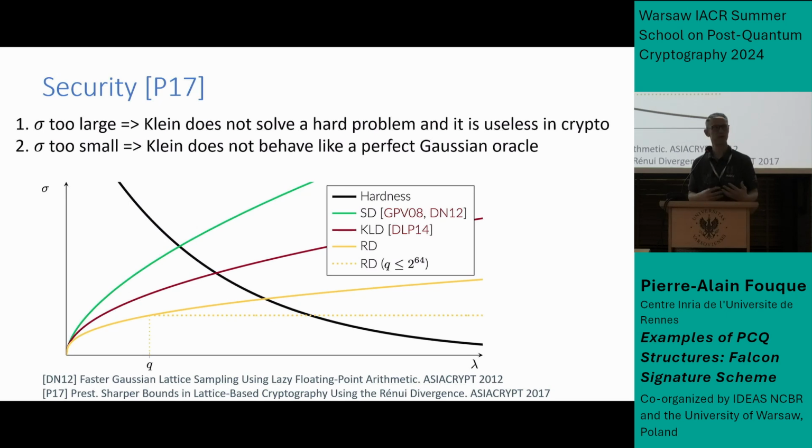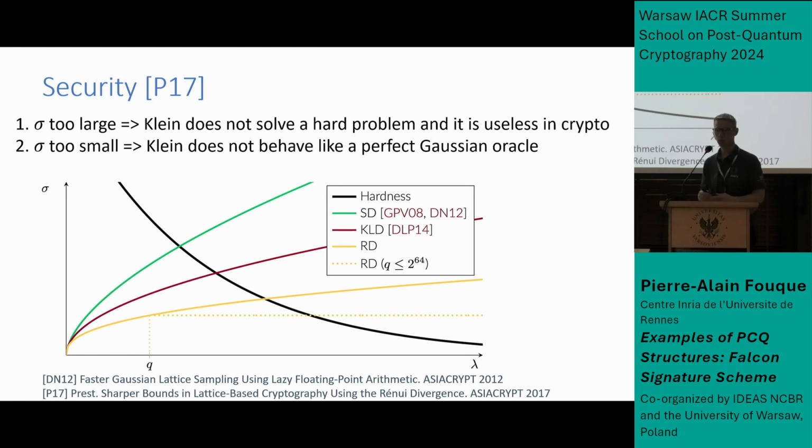Okay, however, the value sigma must not be too small, because as I told you, if sigma is 0, for instance, it's like you determinize the randomized algorithm, and you go back to what I described before, the parallelepiped attack.